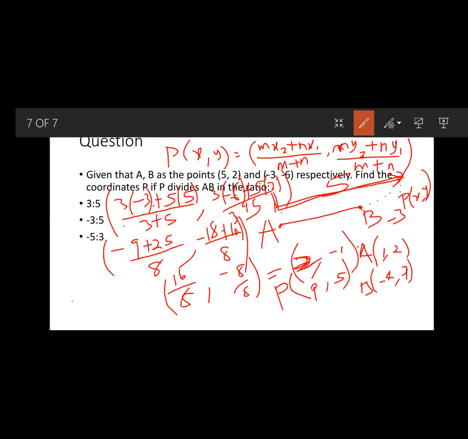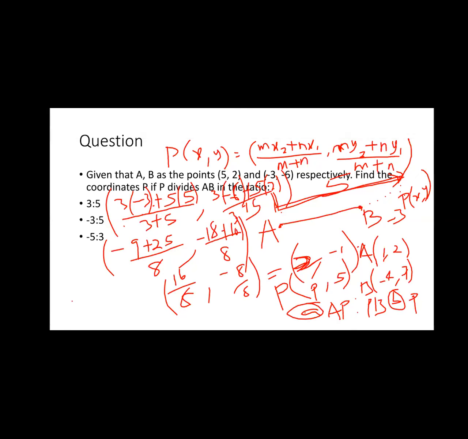Then find the ratio AP to PB. And the second question, find small p. So, any question? If there's no question, we can.